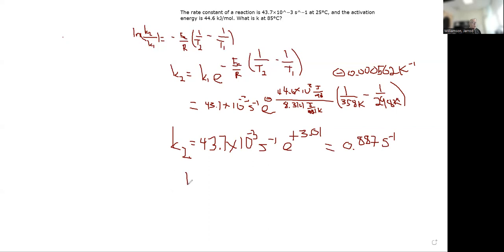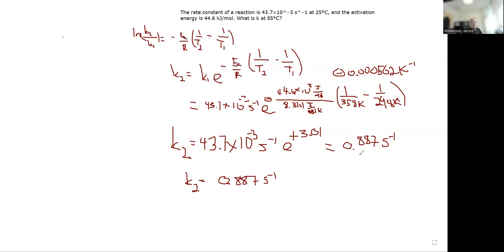So I hope I did it right. K2 is equal to 0.887 reciprocal seconds. It went in the right direction. It got bigger, which is what I expect the rate constant to do with increasing temperature.